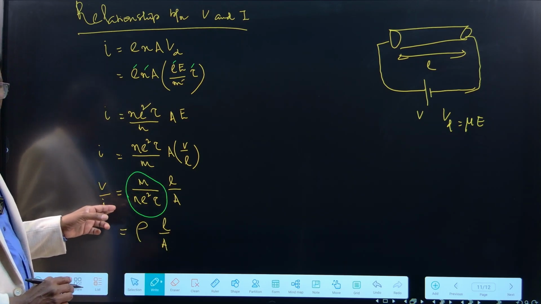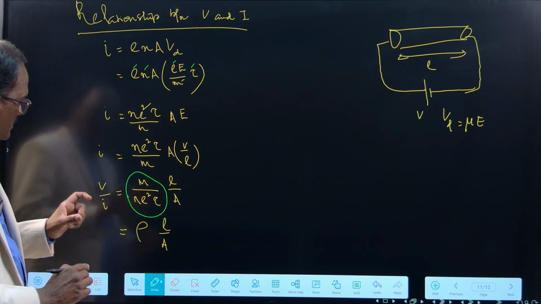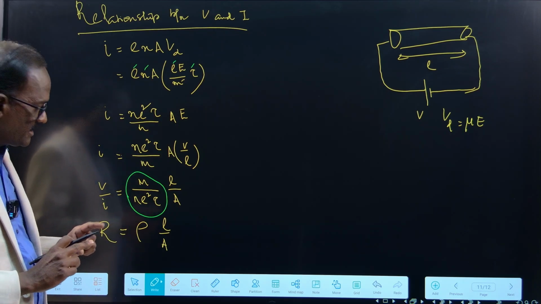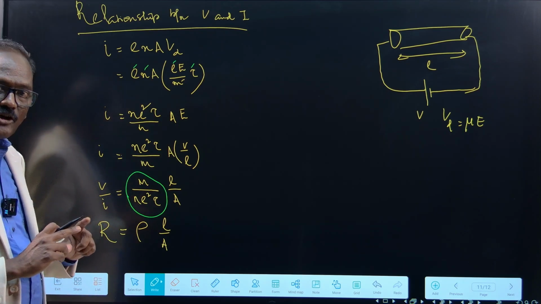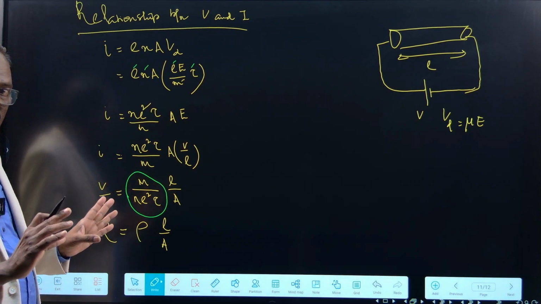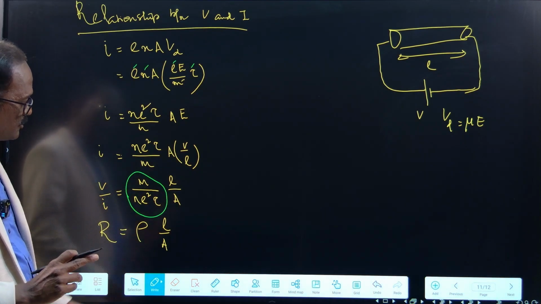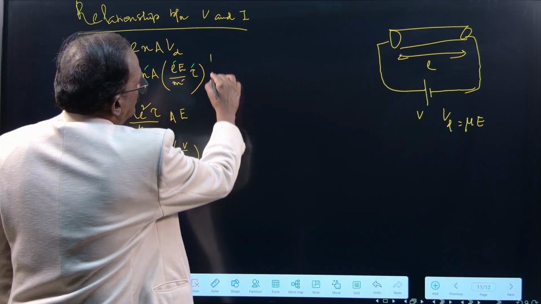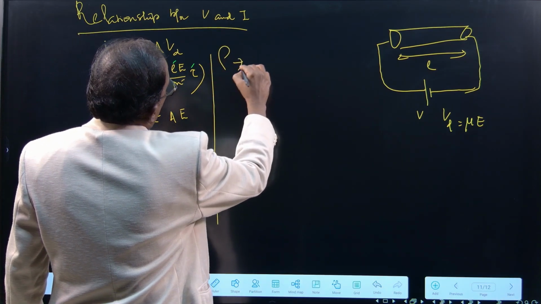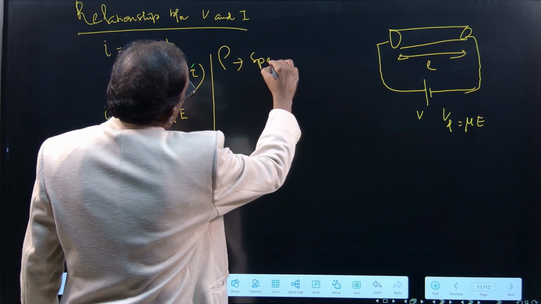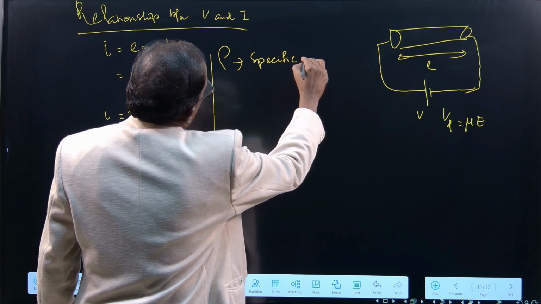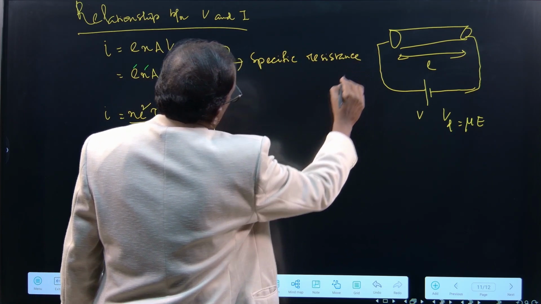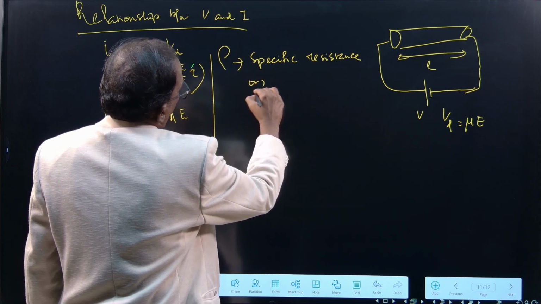Then this V by I is popularly called the resistance. We will come back to the topic of resistance in detail in another video. Resistance is equal to rho L by A. This rho is known as specific resistance, or resistivity.